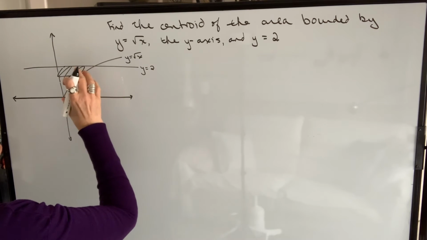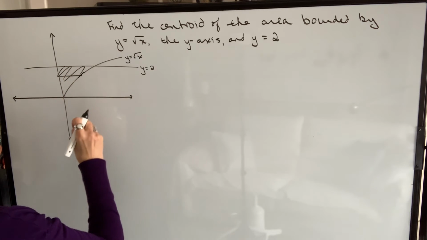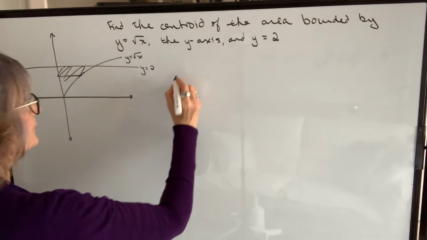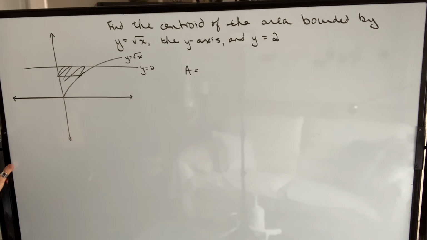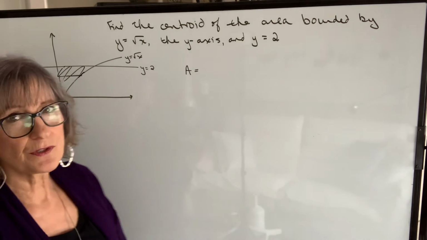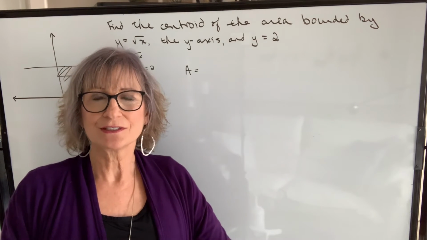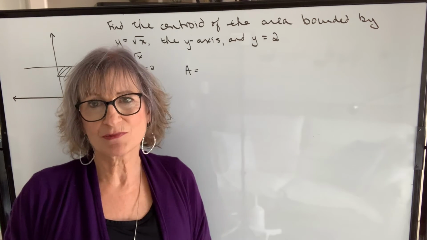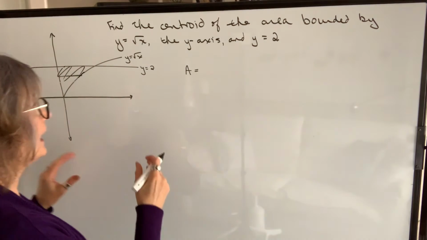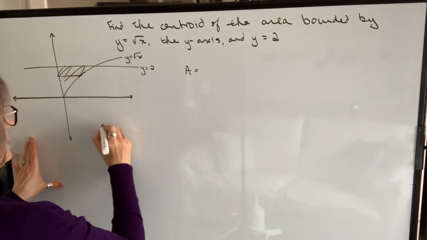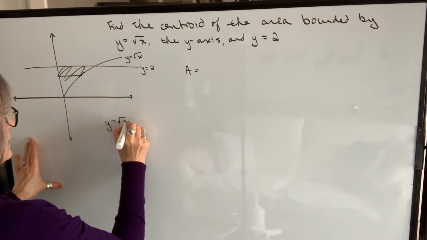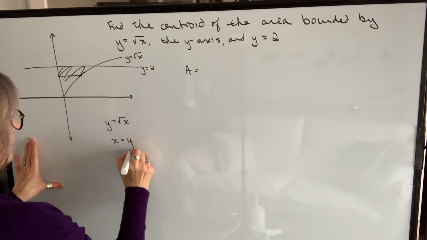Before I calculate the x or the y coordinate of the centroid, I need to calculate the area. Again, the area can be found using vertical or horizontal as well. If I'm going to use horizontal rectangles to calculate the centroids, I'm also going to use them to calculate the area. And all I have to do is write what x is equal to in terms of y. So if y is equal to square root of x, then x will equal y squared.